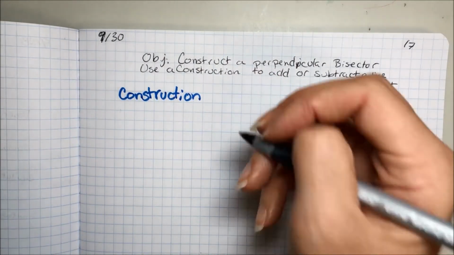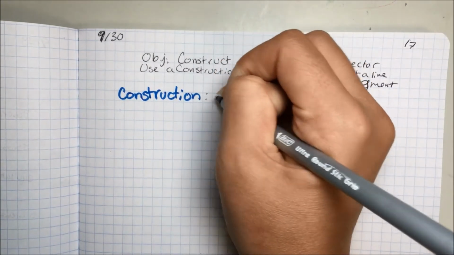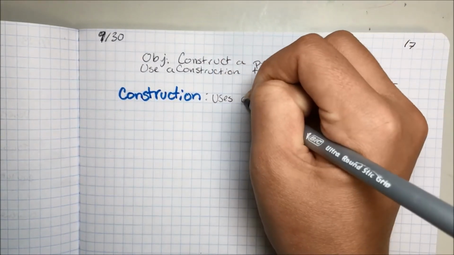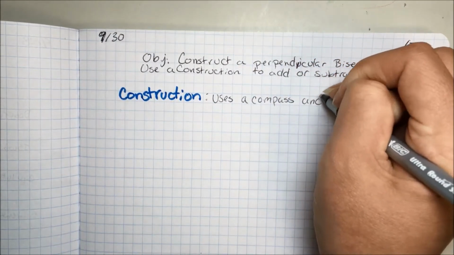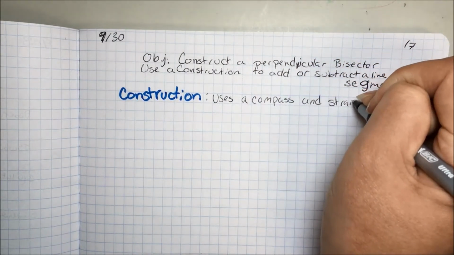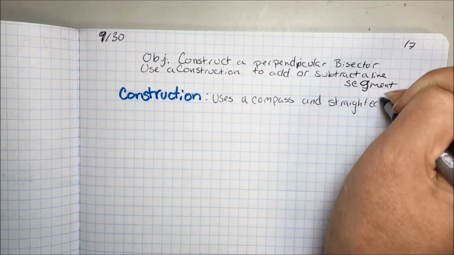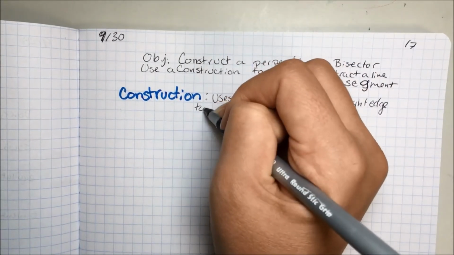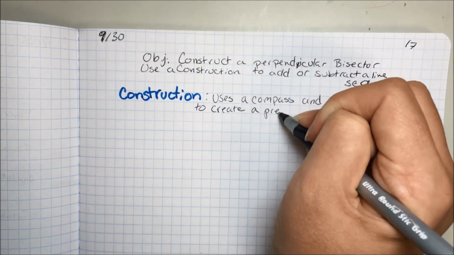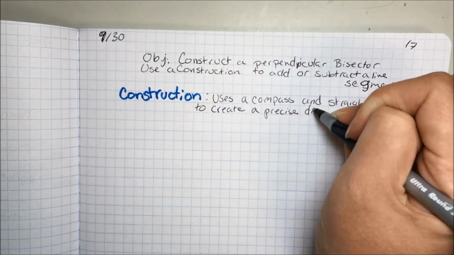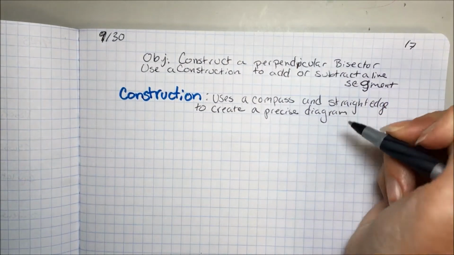A construction uses a compass and straight edge to create a precise diagram.